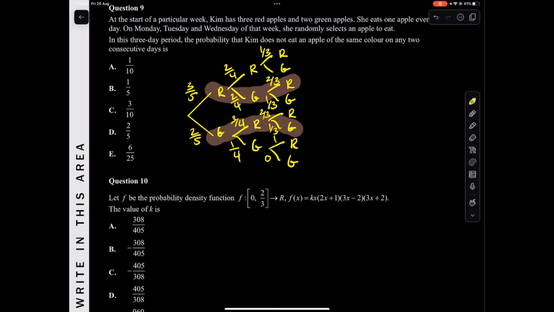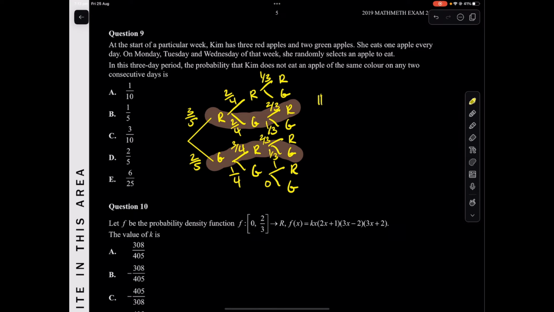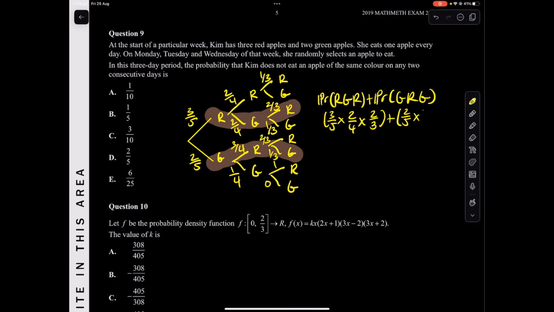Okay, so putting them together, probability of RGR plus probability of GRG is 3 on 5, sorry, times G, which is 2 over 4, times 2 over 3, plus 2 over 5 times 3 over 4 times 1 over 3.